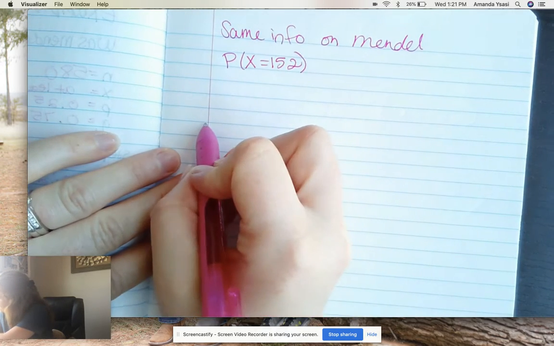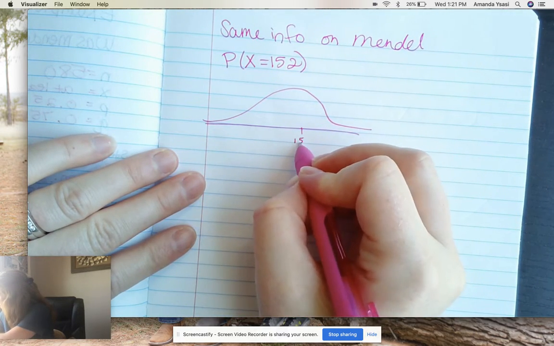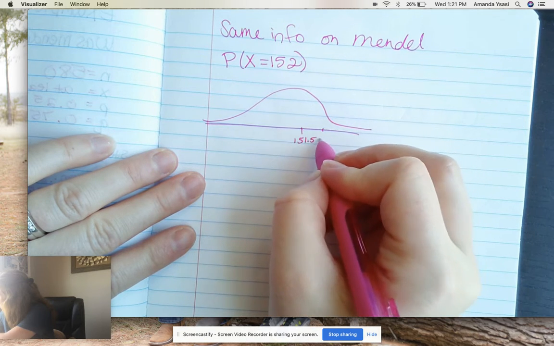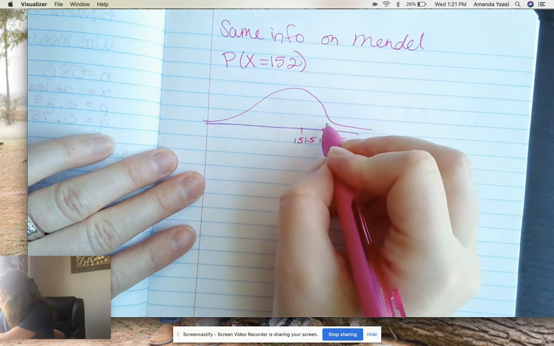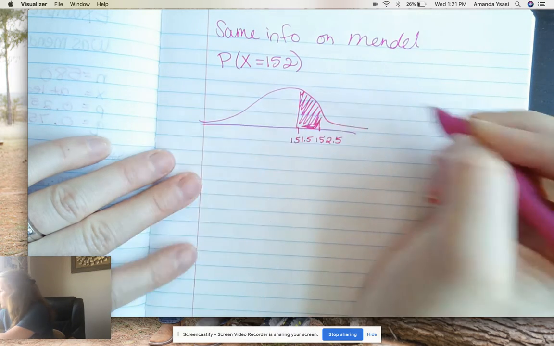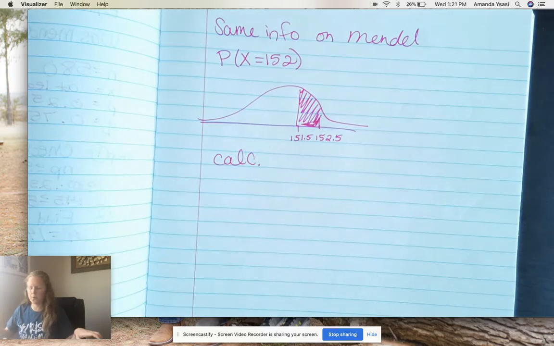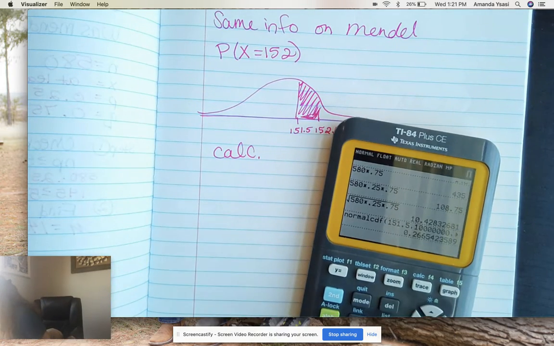So whenever it's exactly, we're going to use the same information. So this is 151.5 and 152.5. So it's this area right here. So we are going to use the calculator again. So we're going to do the normal CDF.